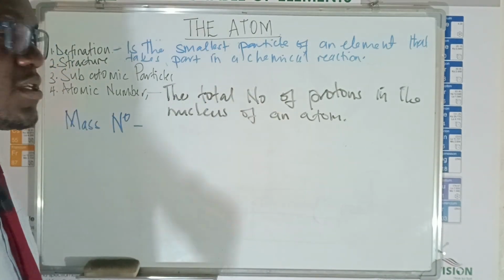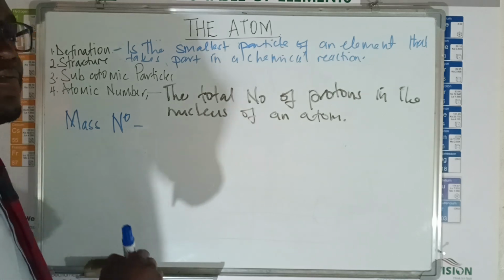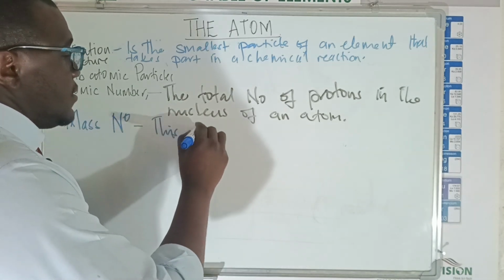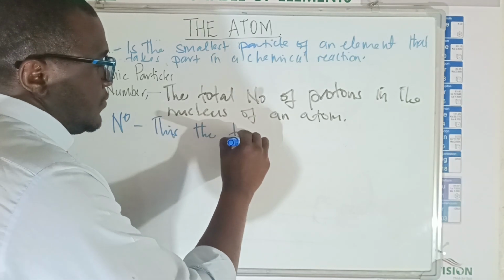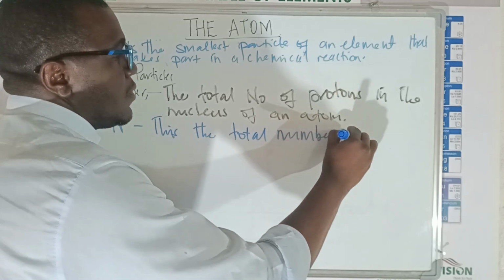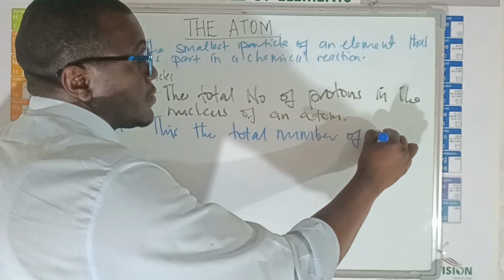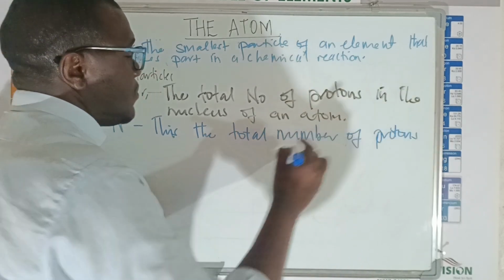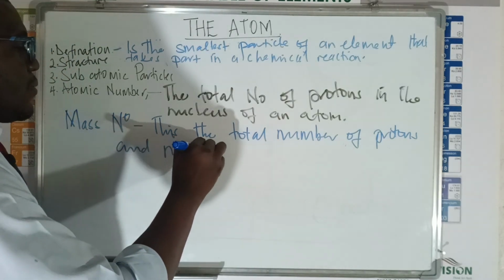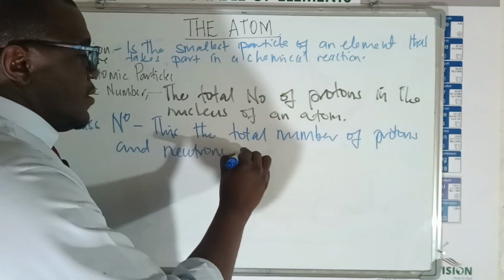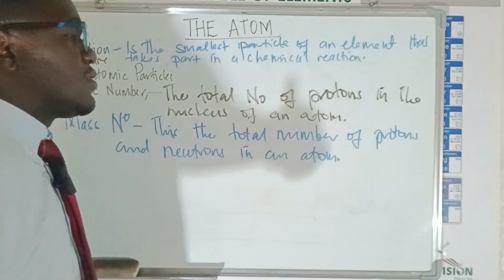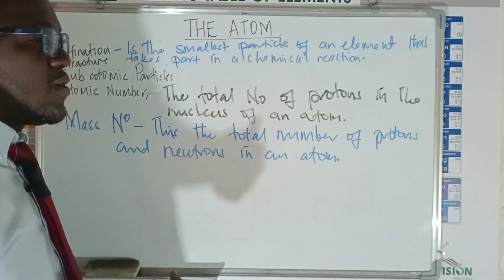So that gives us the definition of mass number. Mass number is defined as the total number of protons and neutrons in an atom. You can say in an atom or in the nucleus of an atom, it is all okay.